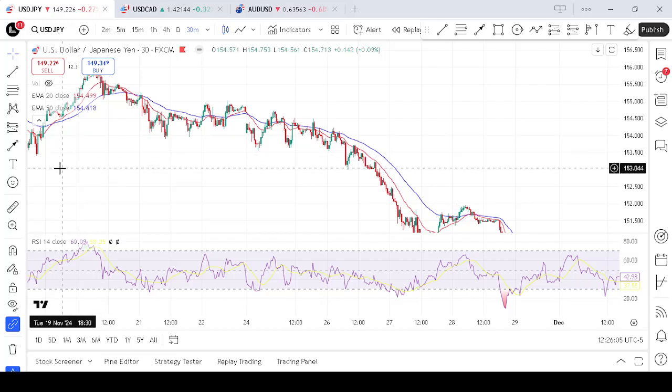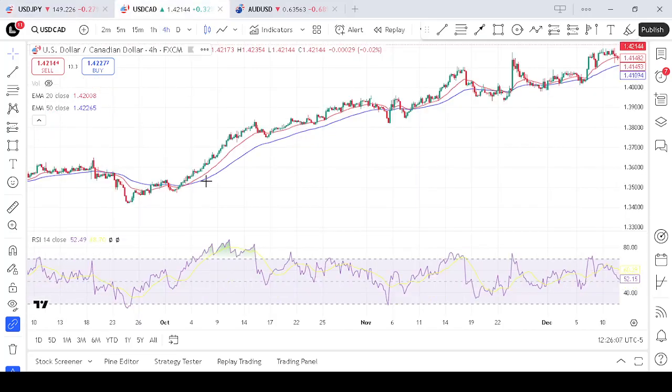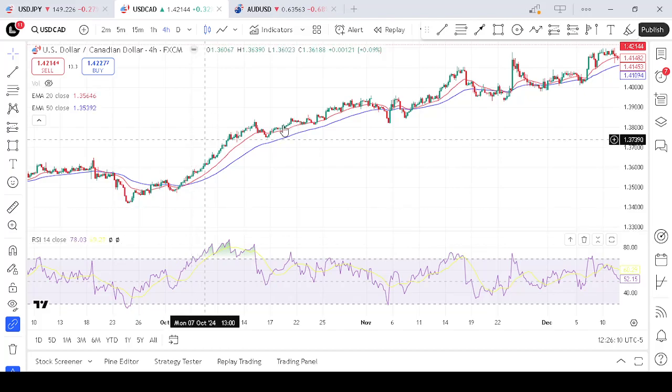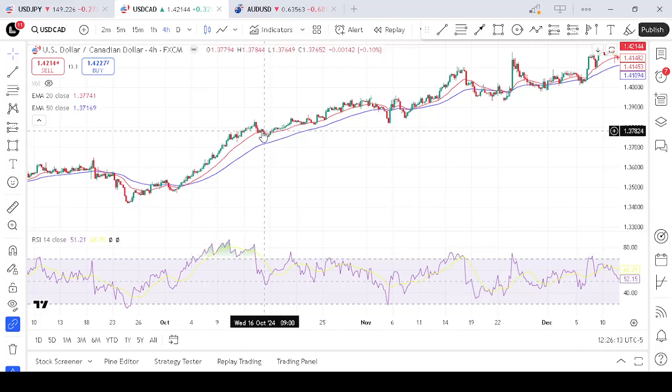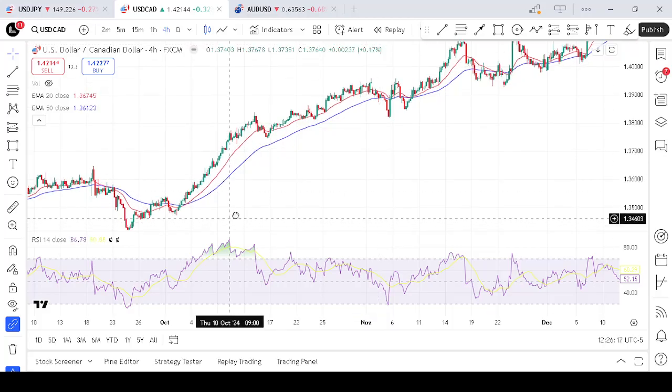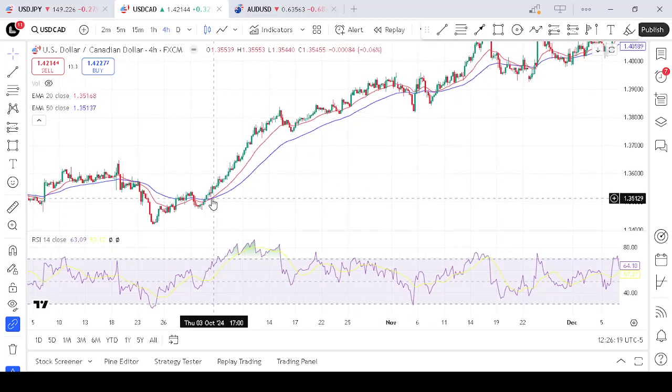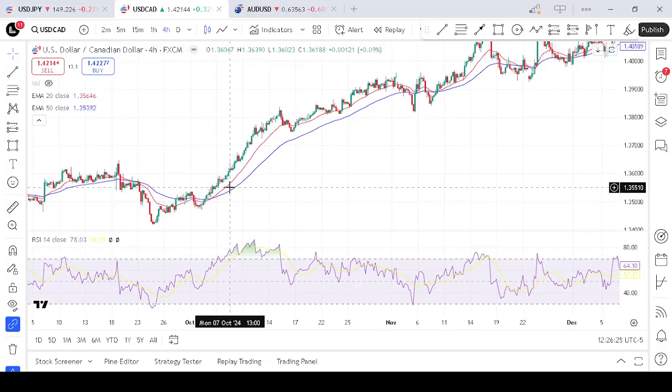We can enter a long position when price pulls back to the 20 EMA. As you can see, we first got our crossover at this area. The 20 EMA crossed above the 50, and it shows that yes, it's time for us to take a bullish setup.